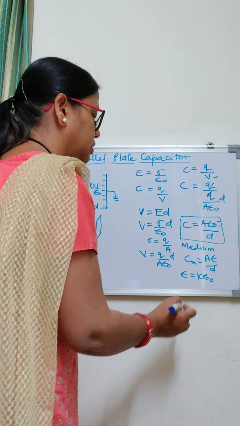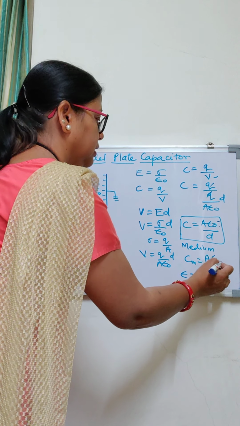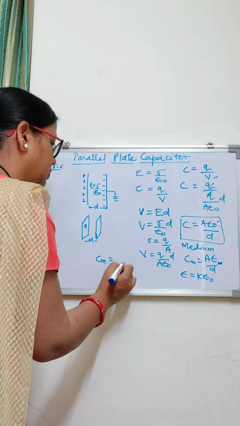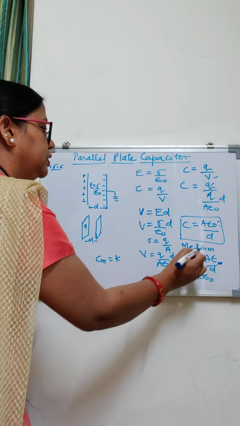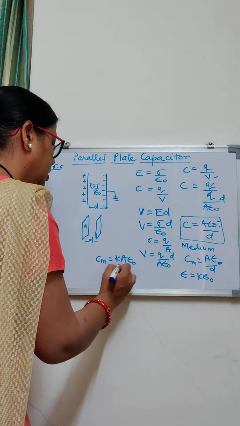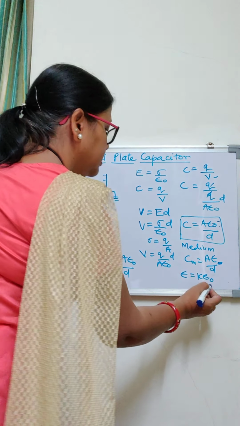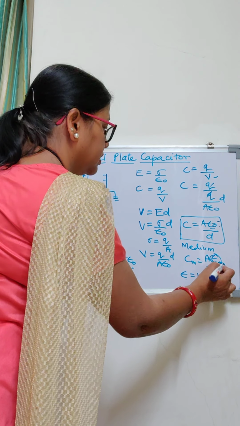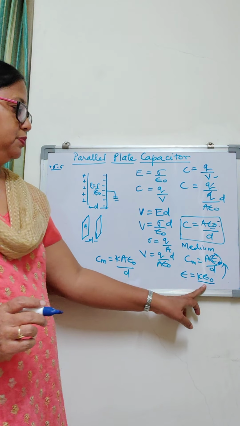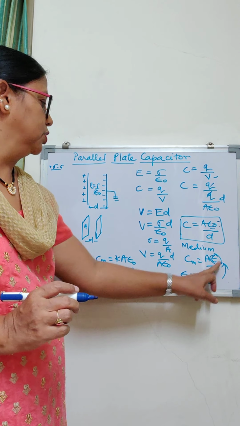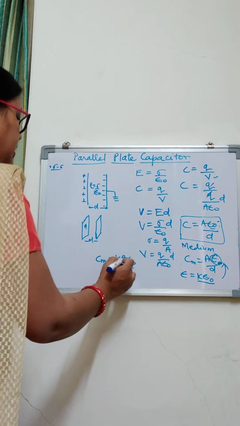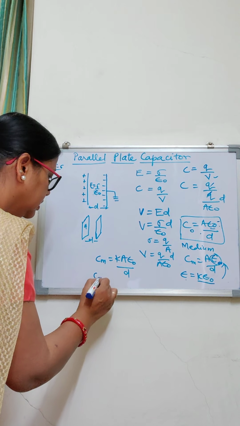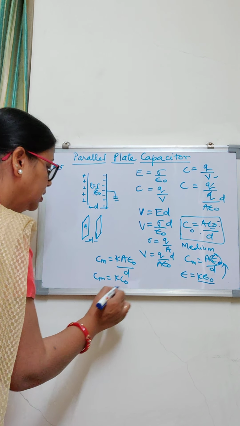If I substitute the value of epsilon, then capacitance in the medium is equal to K into A epsilon naught upon d. And this A epsilon naught upon d is nothing but C naught, where C naught is the capacitance without any medium.